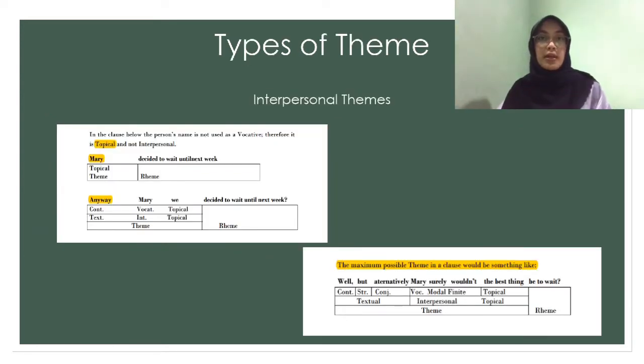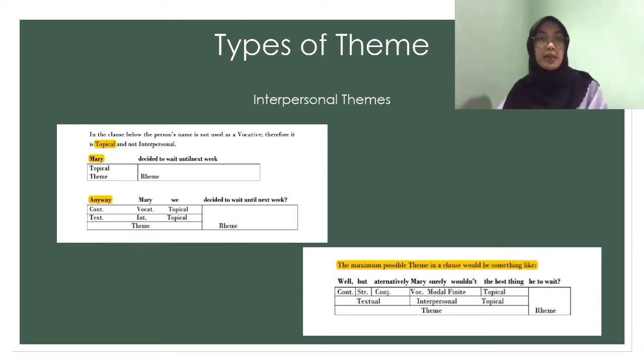In the clause below, the person's name is not used as a vocative, therefore it is topical and not interpersonal. For example, "Mary decided to wait until next week." Mary is topical and Mary is the theme, and "decided to wait until next week" is the rheme.